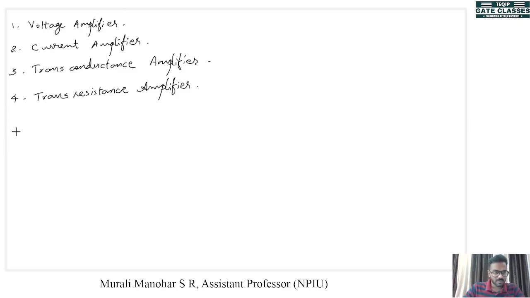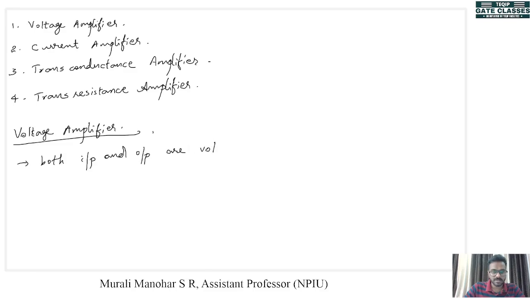So we'll start with voltage amplifier. In voltage amplifier, both the input and output are voltages. Now we can draw the equivalent circuit of our voltage amplifier.